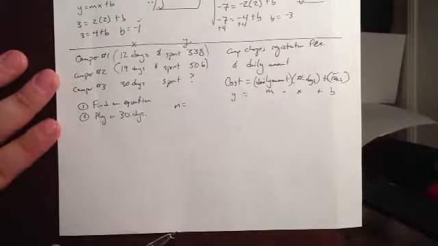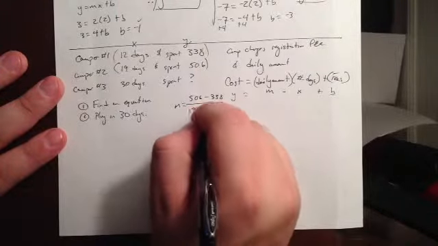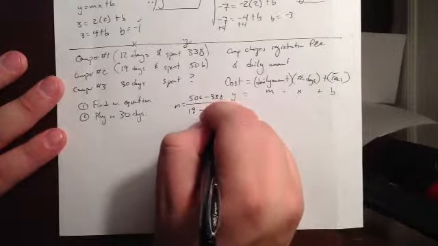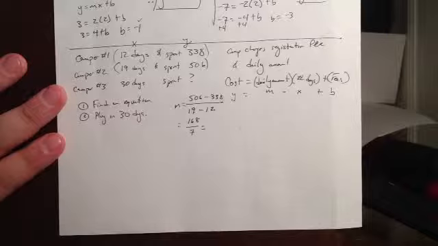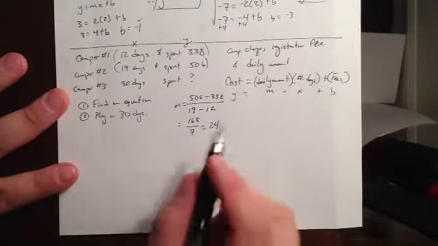So the slope should be y2 minus y1 over x2 minus x1, which is, according to my calculator, 168 divided by 7, which is $24 per day.